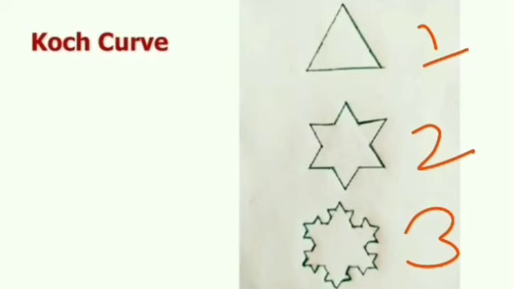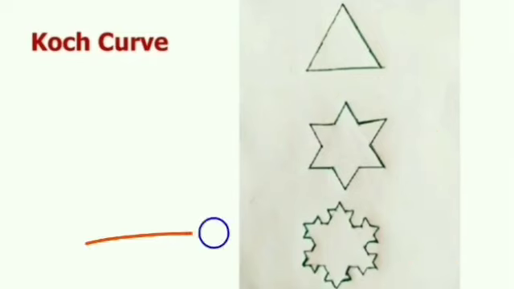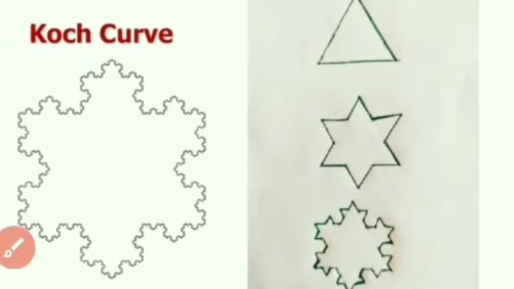Likewise for n approximations, the next diagram is there. This is the nth approximation of the Koch curve.